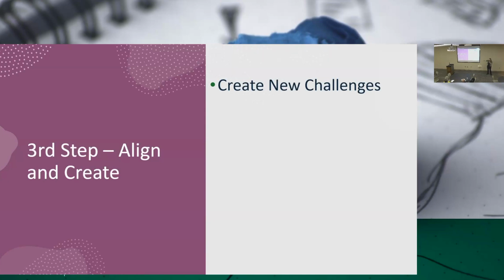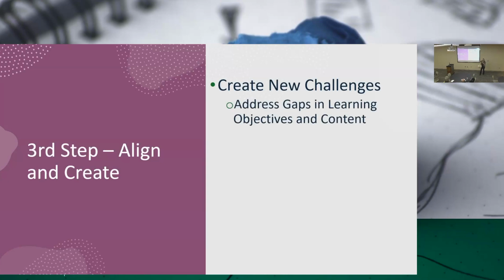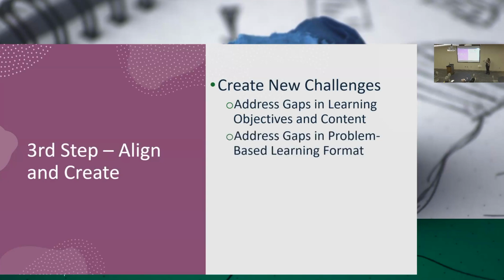And some gaps that we saw after we had laid out our old material, our new material, and from the model that we were using was to address any gaps in learning content as were specified by the American Society of Microbiology. So one of those gaps was like we didn't have molecular methods.